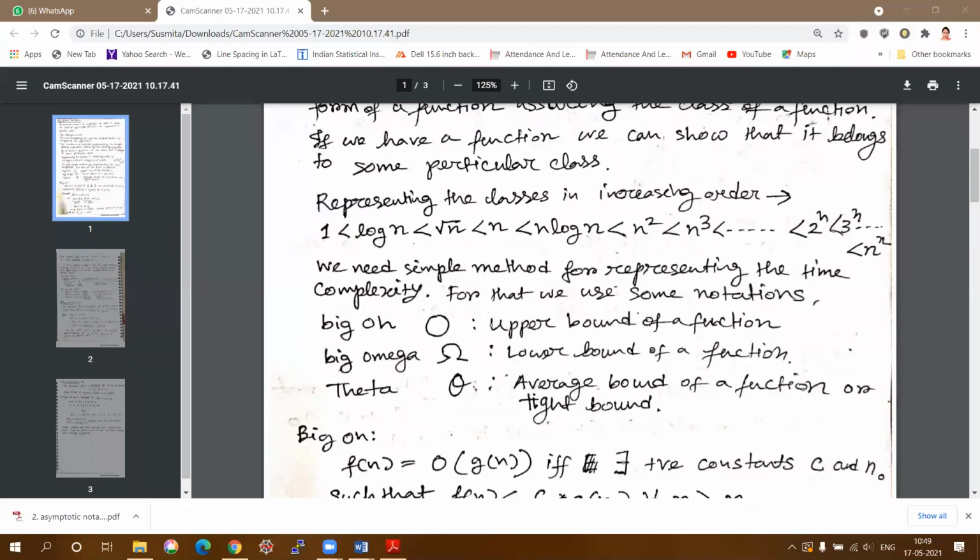Now, if n is the number of inputs, then we could represent the complexity in so many classes or terminologies. I have written some classes over here.